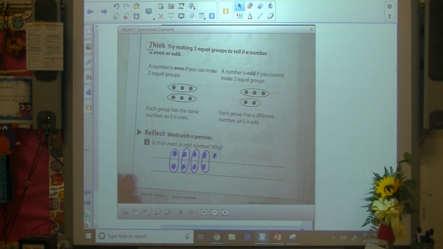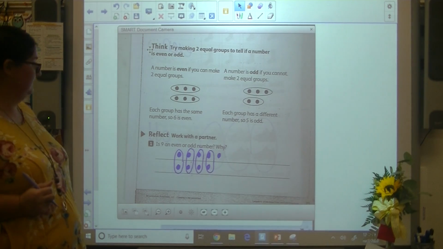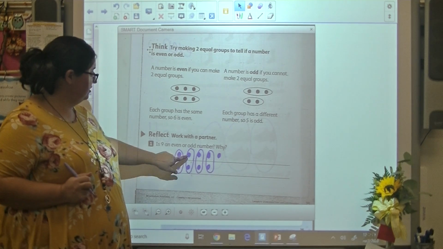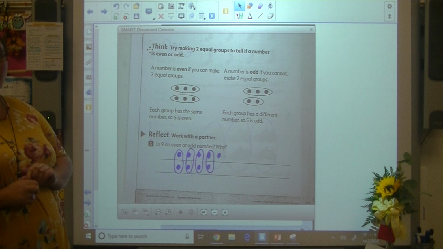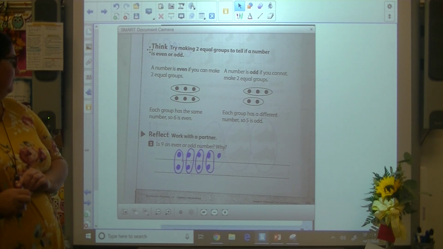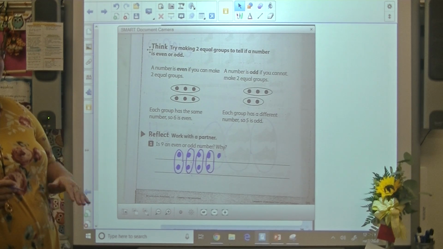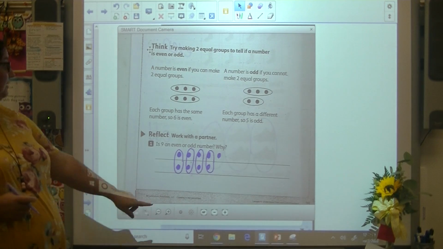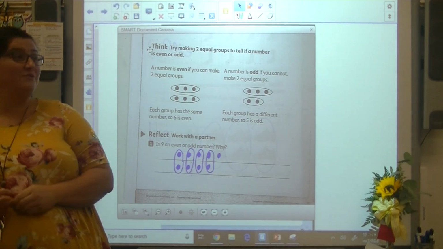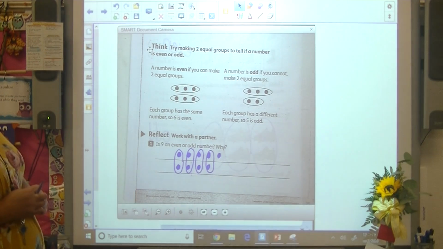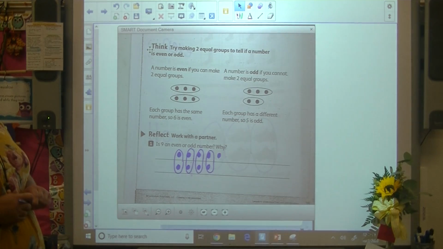All right guys, is 9 even or odd? So I made 9 dots. 1, 2, 3, 4, 5, 6, 7, 8, 9. Is it even or odd? 9 is an odd number because I have 1 left over. I do have 1 left over. That makes it an odd number. Very good job.